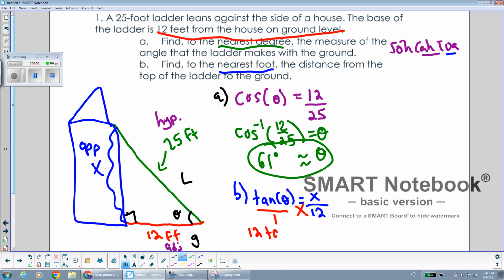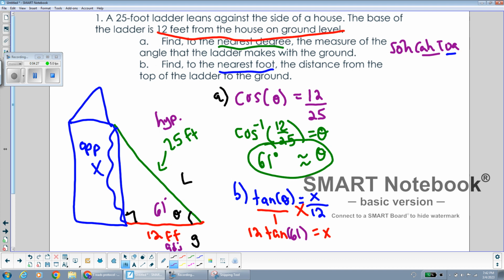So we have 12 tangent of angle theta is equal to x. And we already found what this angle was in part A. We found that it was approximately 61 degrees. I'm just going to replace the unknown over here with what the angle actually is, because we do know that it's 61 degrees from part A.